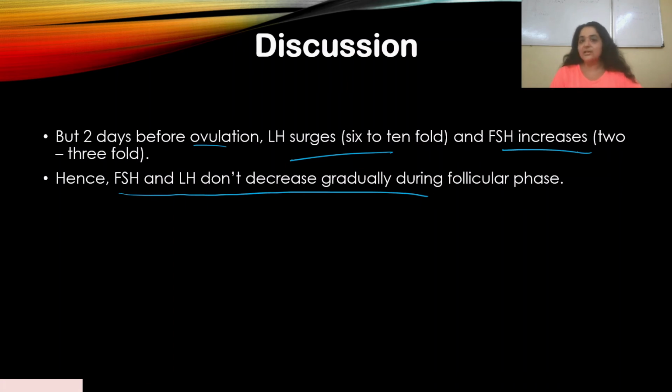So that was an incorrect statement. You need FSH and LH during the follicular phase, but the decrease in FSH, like I said, is only temporary. That's before ovulation, when one follicle is being selected from the group.